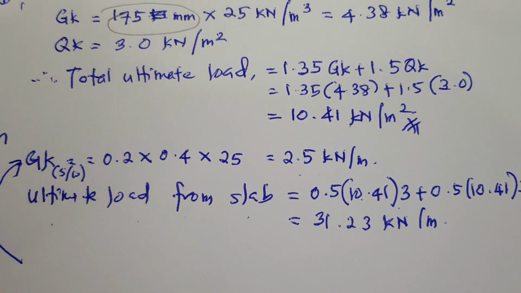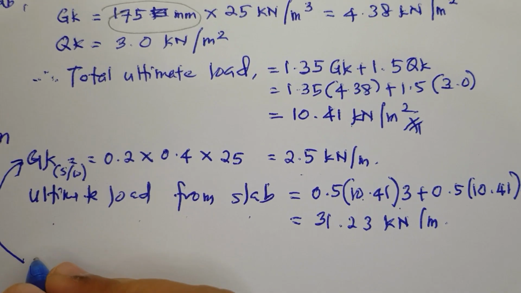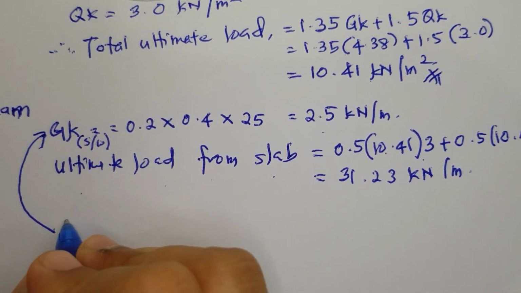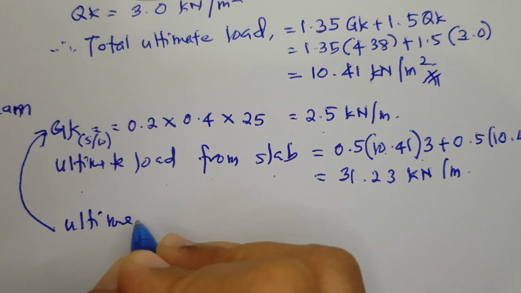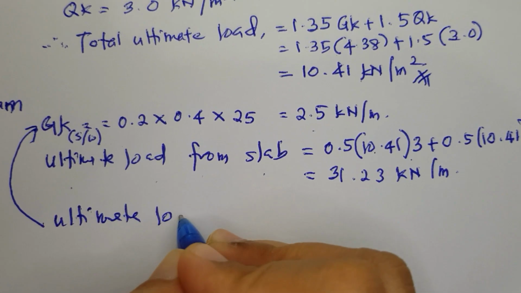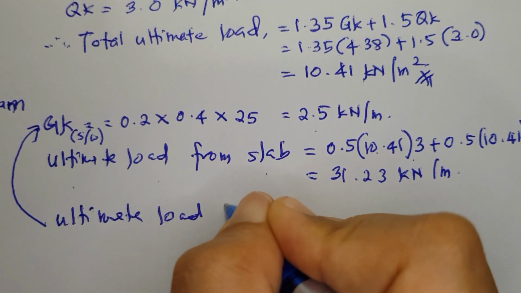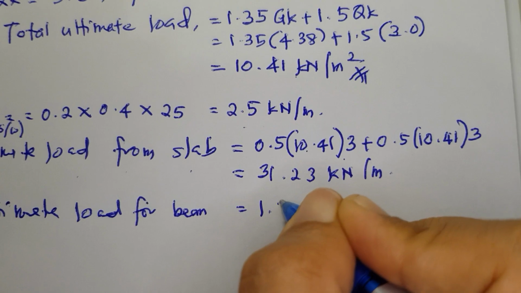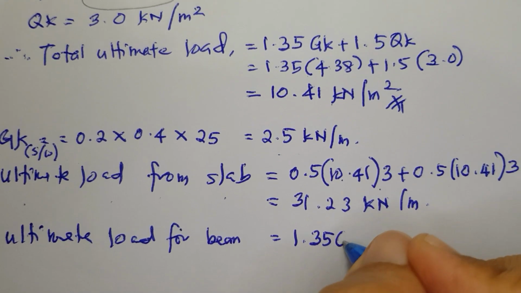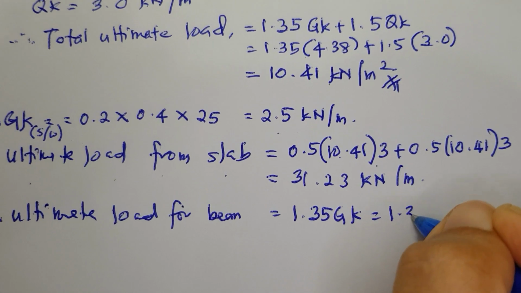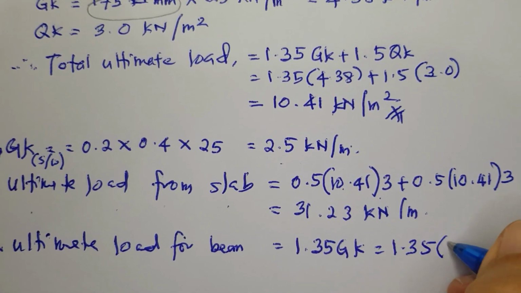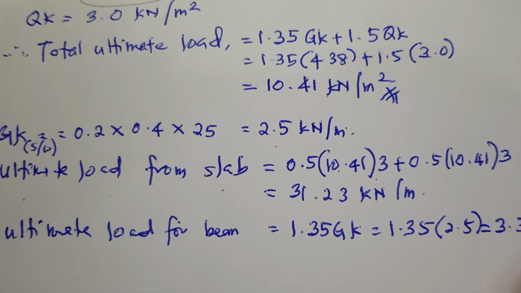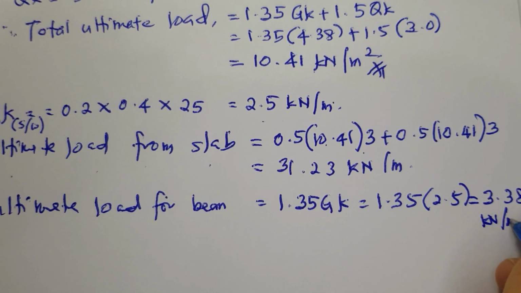And for this beam, the self weight of the beam, we need to multiply with the coefficient. So the ultimate load for beam is 1.35 for GK, equal to 1.35 multiplied with 2.5, which is 3.38 kilonewton per meter.